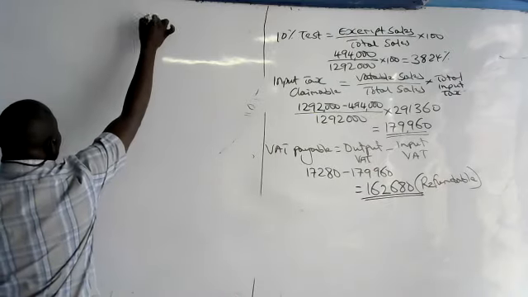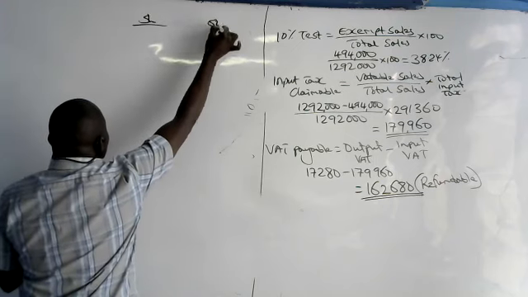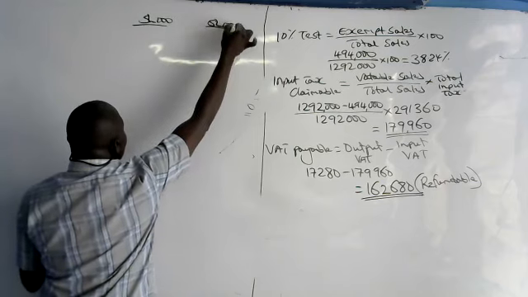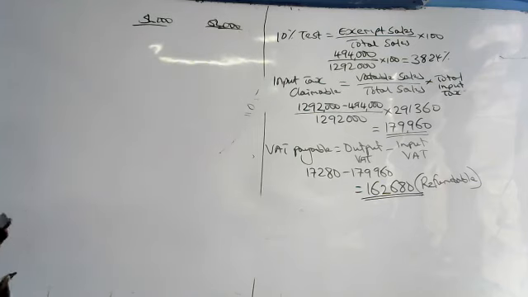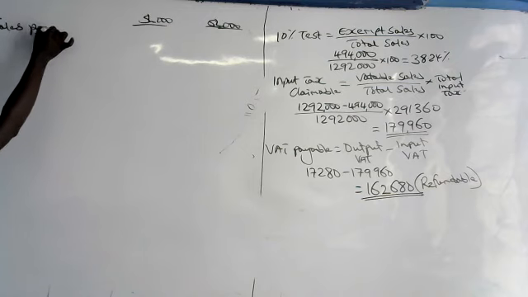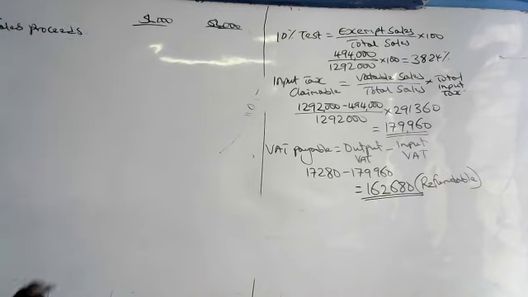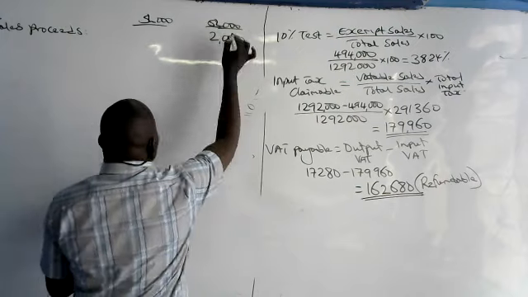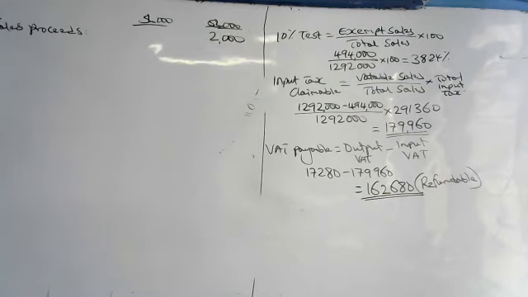So again, we can use the same approach in shillings. You can put it in thousands of shillings. We have sales proceeds. So sales proceeds, by saying 2 million, that is 2,000 here.